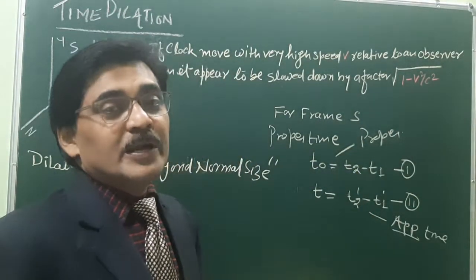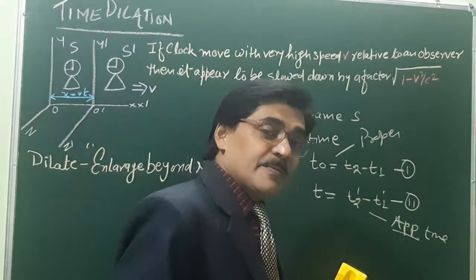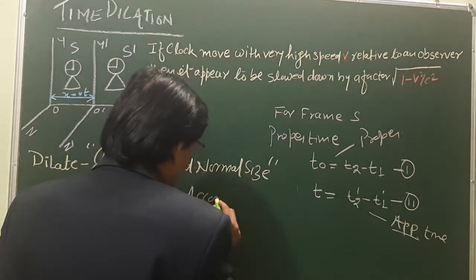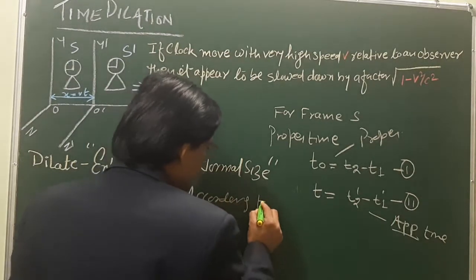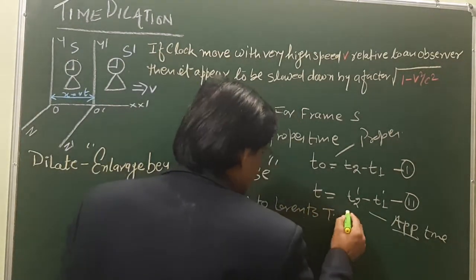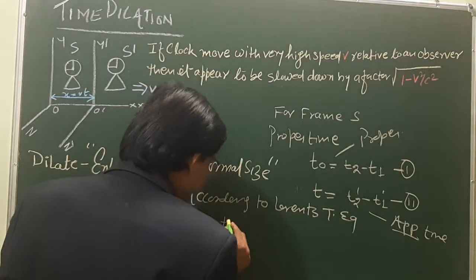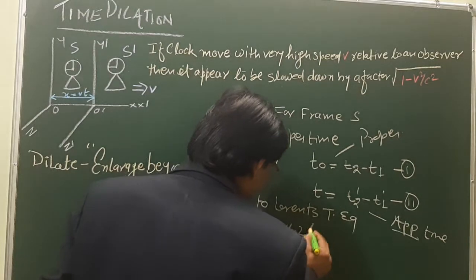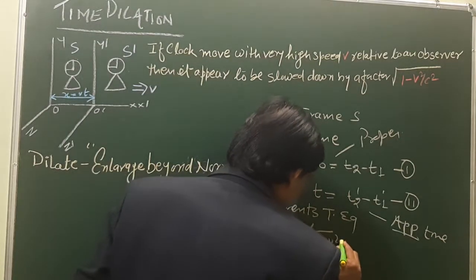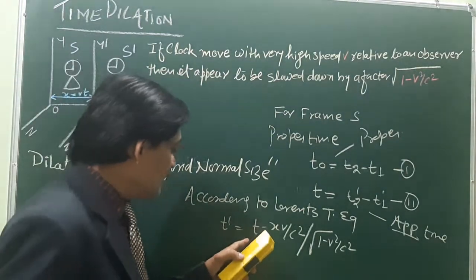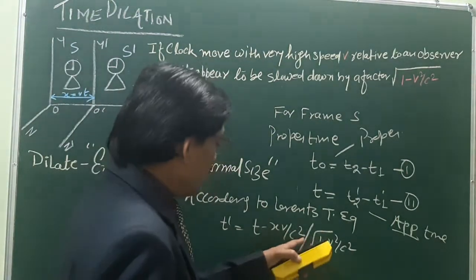So we will try to differentiate between them. We will implement the Lorentz transformation equation. According to the Lorentz transformation equation, t dash is equal to t minus xv upon c square, divided by under root 1 minus v square upon c square. So this is the simple equation from the Lorentz transformation.